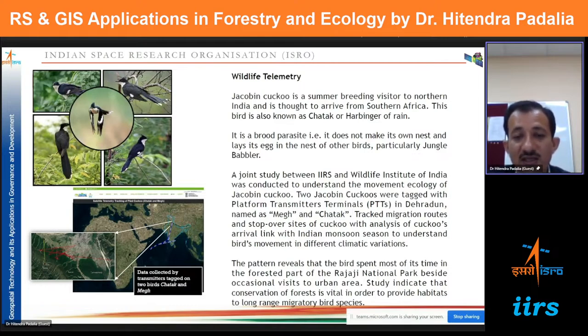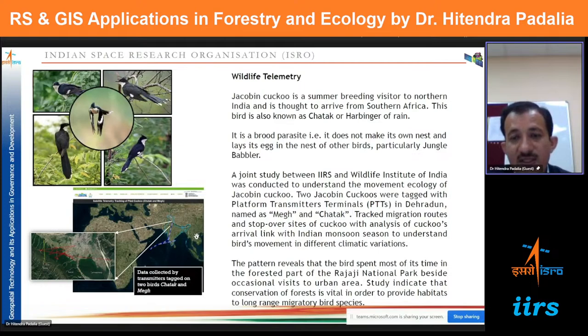And then we tried to track it, and we found that this bird remained in Dehradun for some weeks, and most of the time it was inside the Rajaji National Park, with some visits to the Doon Valley also. And then it returned back via the Western Ghats, and then towards the western coast of Africa.